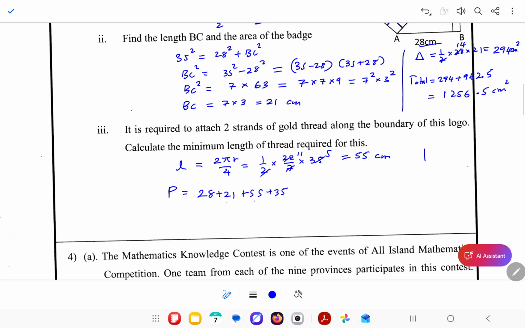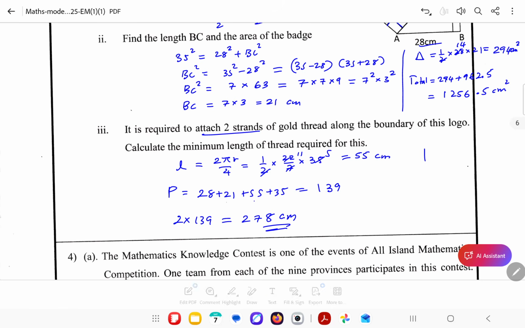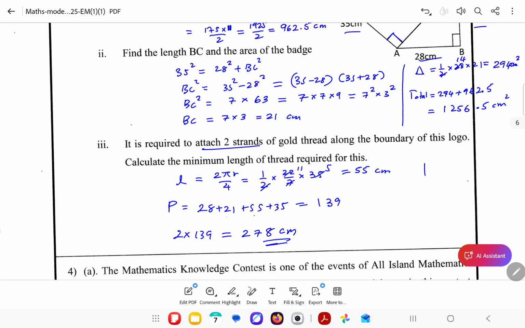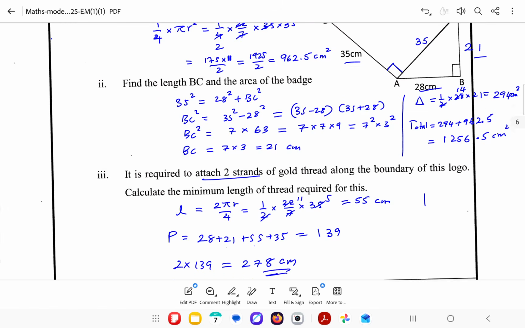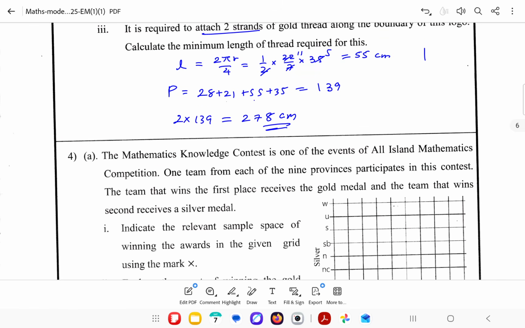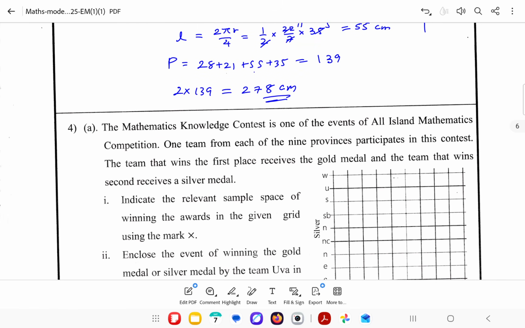So 90, 111, 139. So we have to attach 2 strands, no? So double of this. So 278 centimeters are required. 28, 21, 49, 55, 104, 35, 139. Yes. So double of that. We are attaching 2 strands, right?